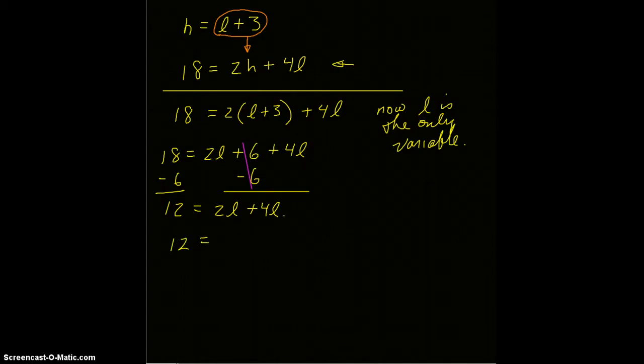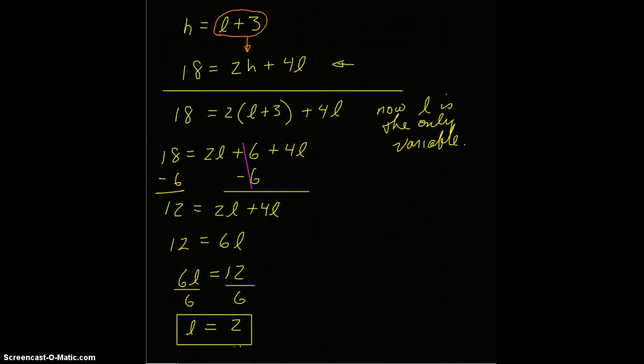Well, these are like terms, so I can add them and call it 6L. 12 is equal to 6L, but 6L is also equal to 12, right? That's one nice thing about an equation, you can just move everything from one side to the other because they're equal. And then I'll just divide both sides by 6. So L in this case is equal to 2. L is equal to 2.